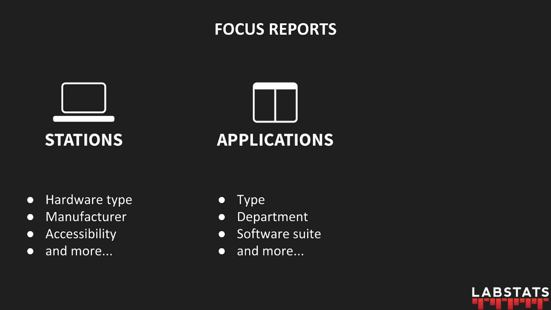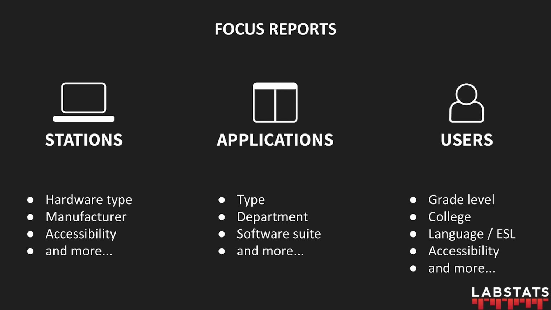You can run reports that focus on a specific type of application, a specific software suite, a specific manufacturer, anything that you have selected that you wanted to look at. As far as looking at users, you can look at users based on grade level, the college that they're part of, accessibility requirements. You can really configure that.